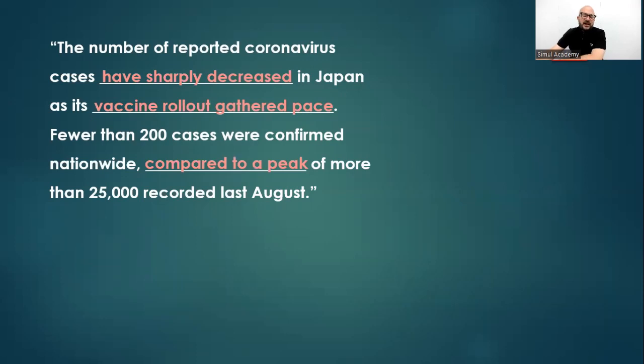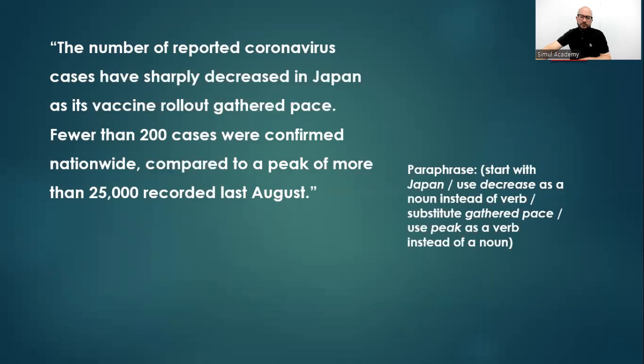From this point, you would then try to work on strategies to reform, to paraphrase, to try to manipulate the text to fit into certain requirements. For example, you might be asked to do the following to the original text: to start with Japan at the head of the sentence, to use decrease as a noun instead of a verb, to substitute gathered pace for an alternative expression with the same meaning, and also to use peak as a verb instead of a noun.